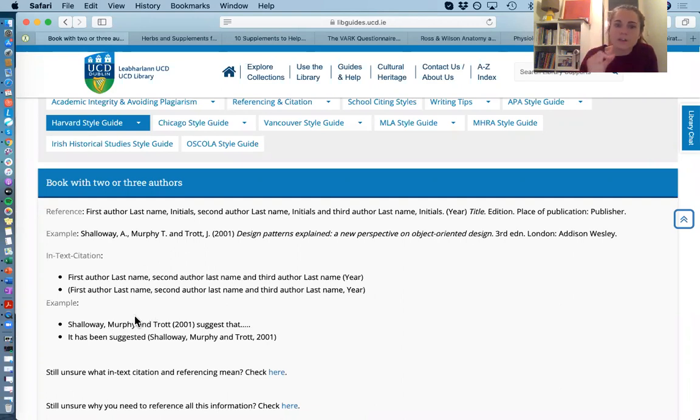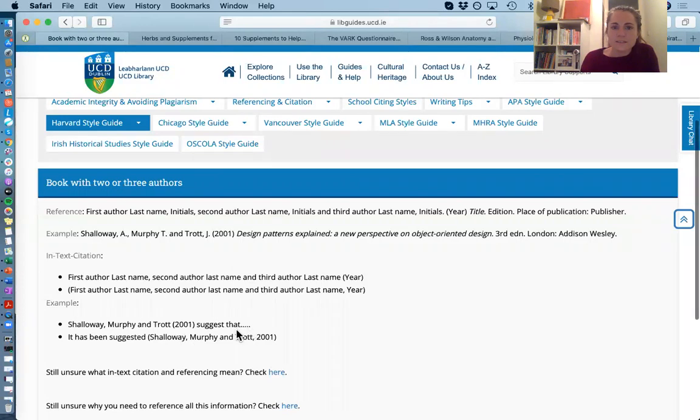You're including the author in the sentence, and if you do that, you include their names, and then you put the date of the reference there. But if you don't include the authors in the sentence, then the alternative would be: prebiotic foods may contribute to the increase of growth of beneficial bacteria. That's the sentence, and then you put the citation at the end. Okay.